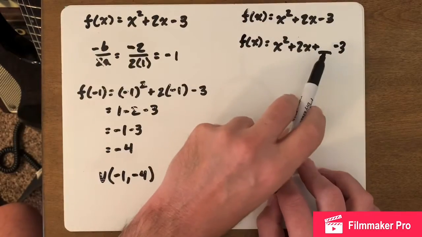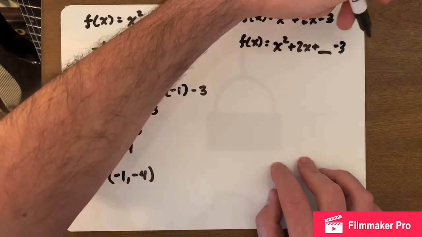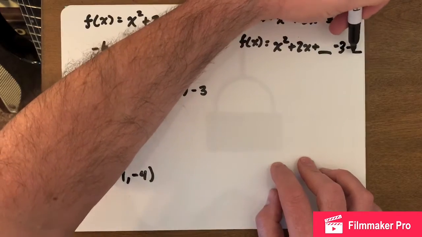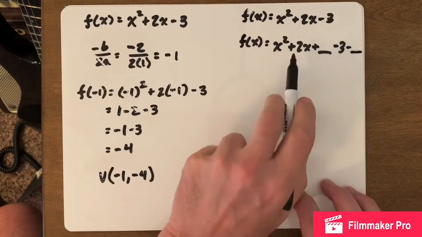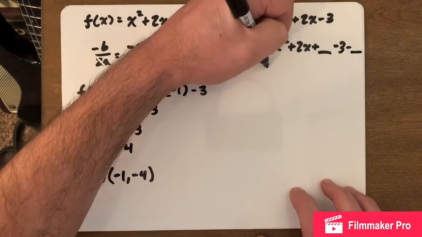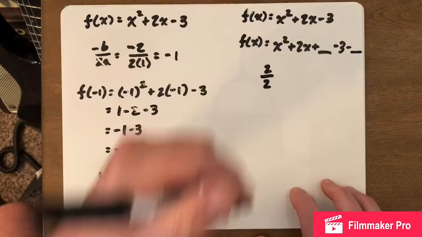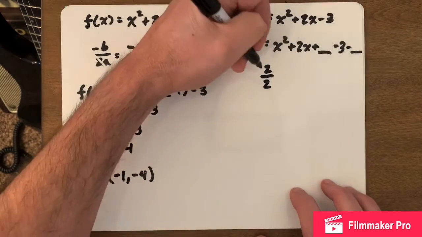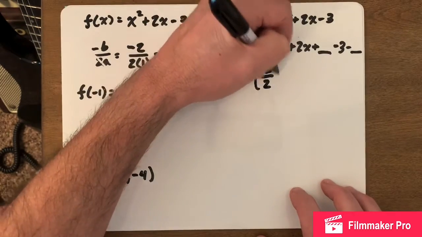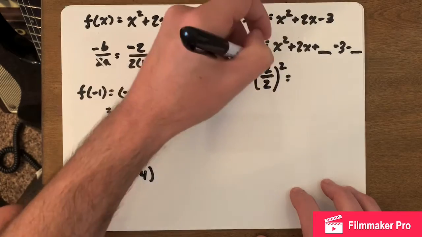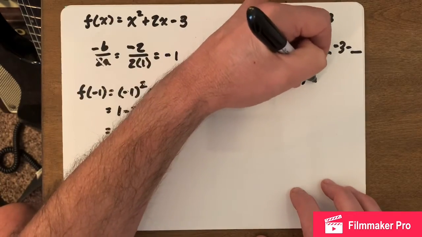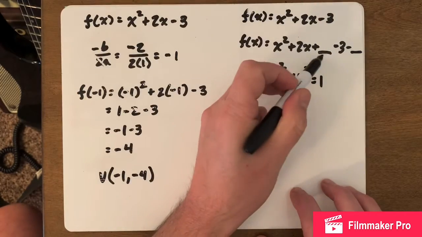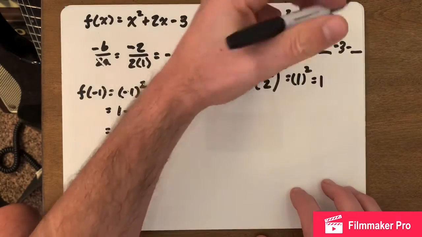And since we're adding a blank here, we need to subtract the blank at the end. The same exact number. To find out the number that goes in the blank, we took this number, divided it by 2. Every time it's divided by 2. That's no coincidence. And we square it. 2 over 2 is 1. And 1 squared is 1. That number goes here and here.